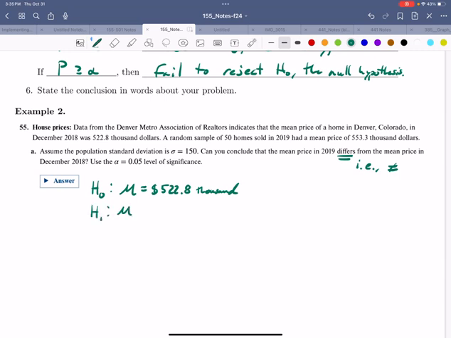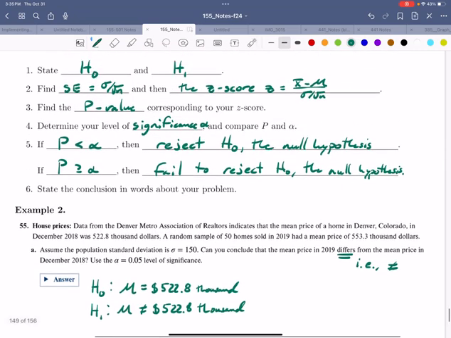Our alternate hypothesis is that mu does not equal. Okay? And if you want, you can write it out in words, you know, mean housing price does not equal blah, blah, blah, blah. Okay, we're just going to stick to that right there, okay?